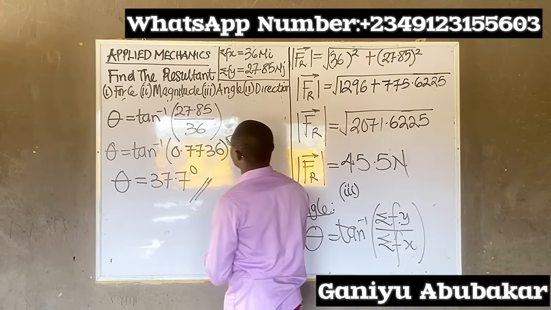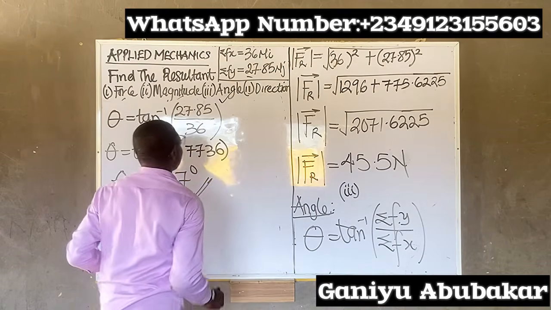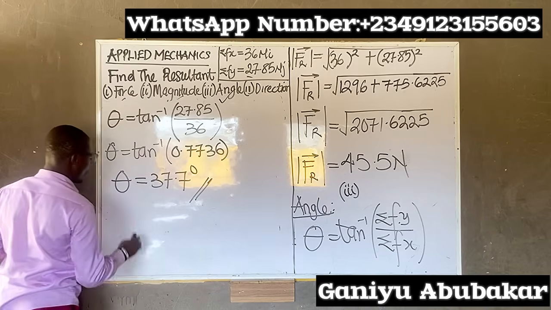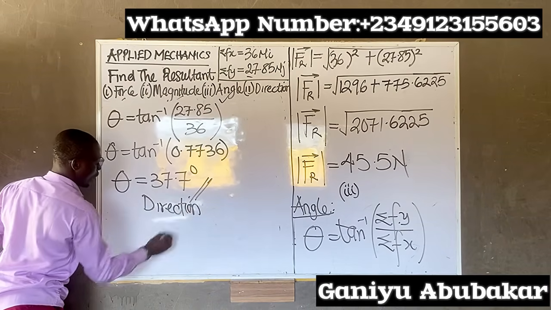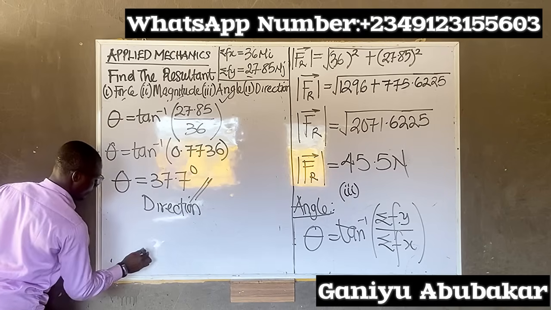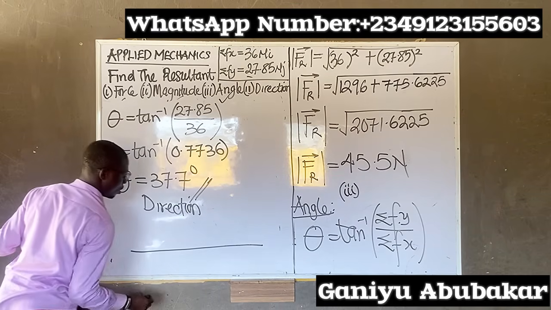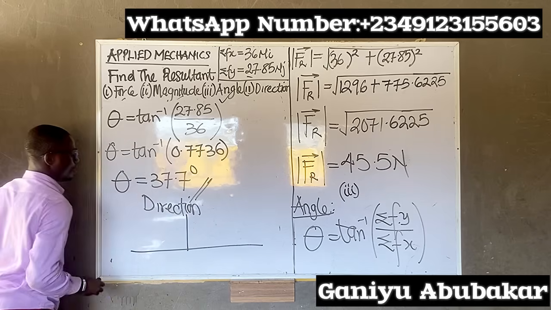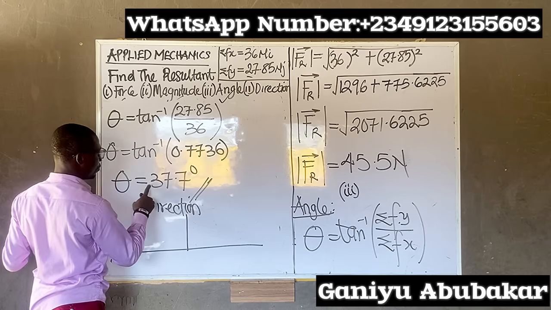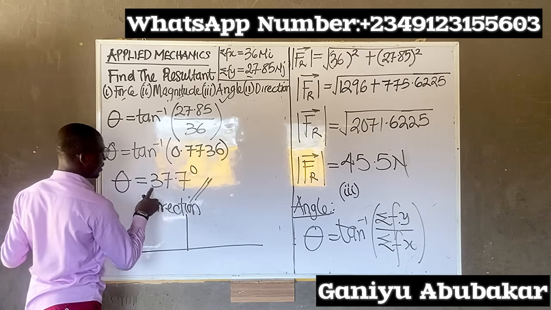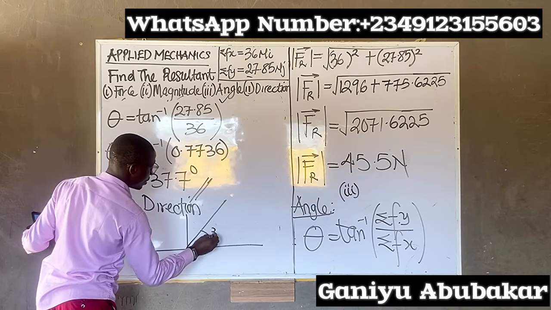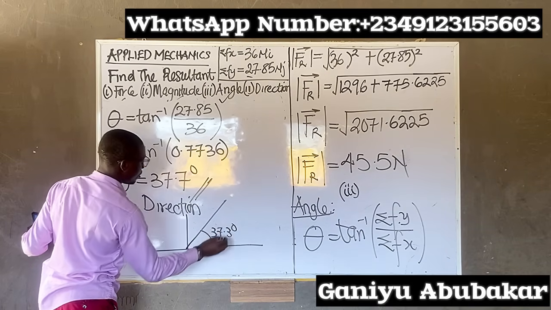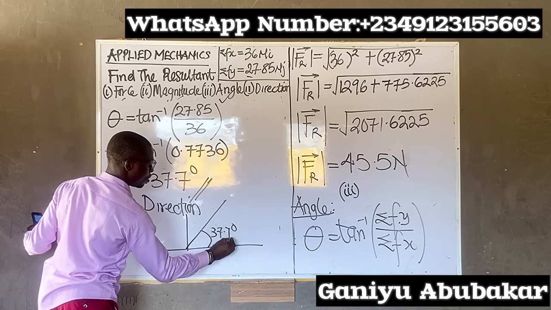Also, let's get direction. For direction, what do we know? Direction is simple. Let's say I have this one this way. The angle is positive, so it should be somewhere around there, and it's 37.7. So let's say here to here is 37.7 degrees, right?